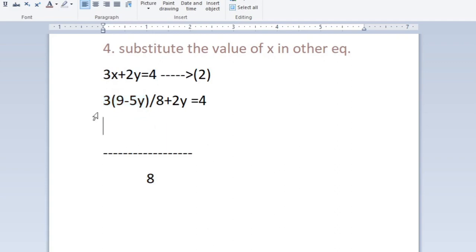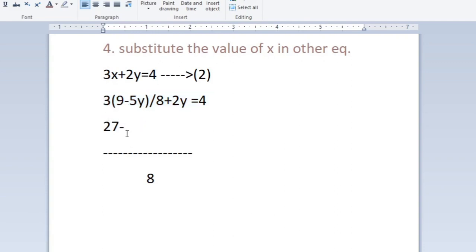What is the numerator here? 3 of (9 minus 5y). Therefore we have to multiply this 3 and this 9. It becomes 27 minus, then you have to multiply this 3 and this 5y.